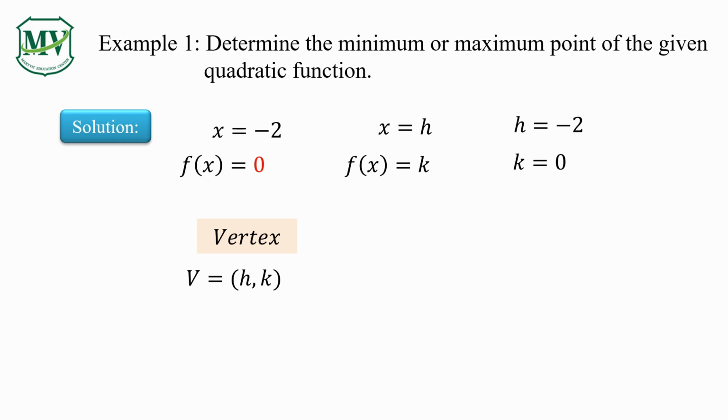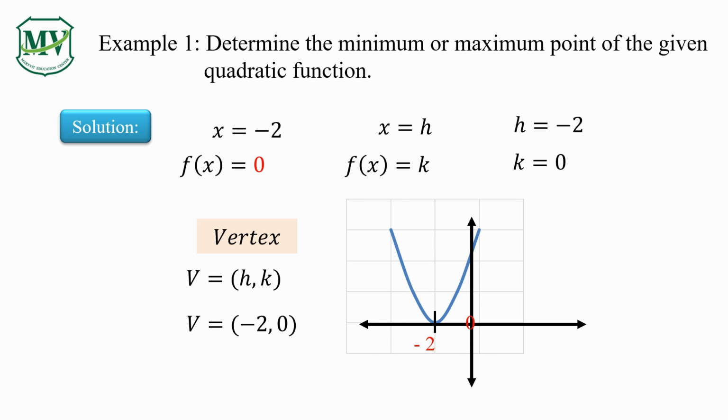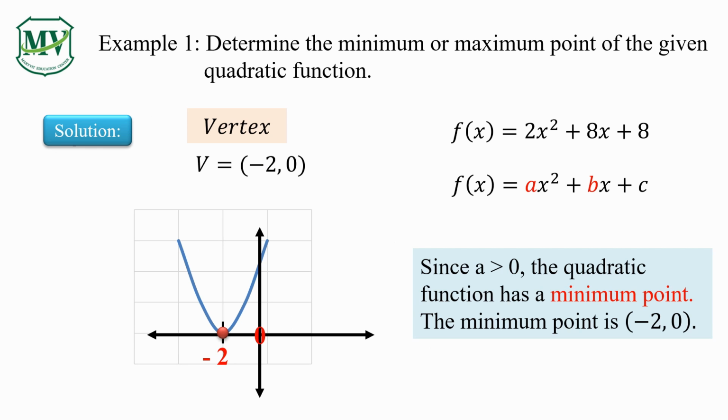So our vertex is -2 and 0. And this will be the graph of the given quadratic function. Since a is greater than 0, the quadratic function has a minimum point. The minimum point is -2 and 0.